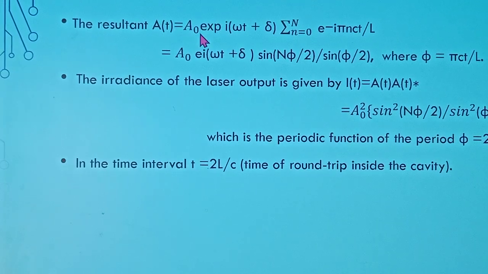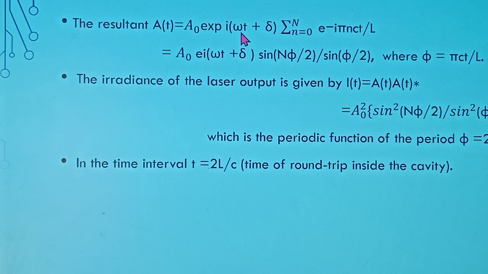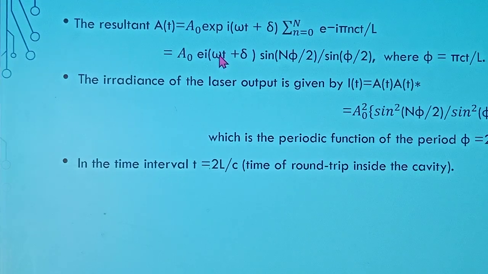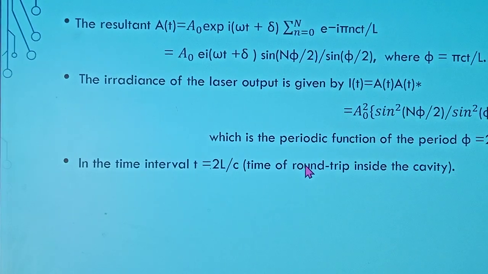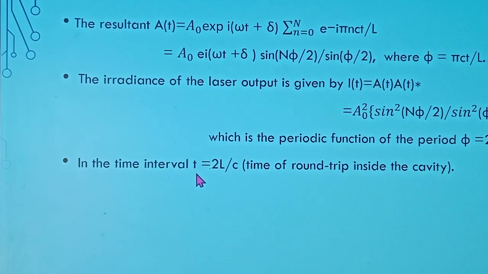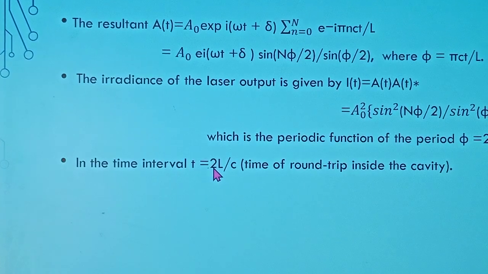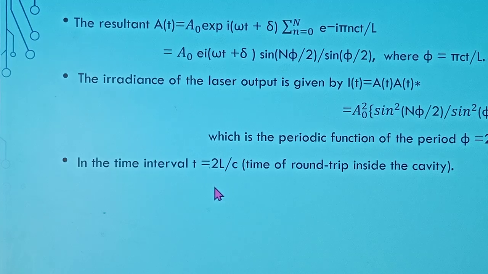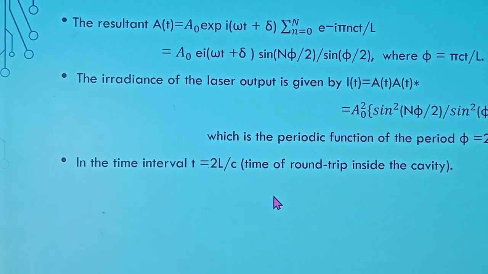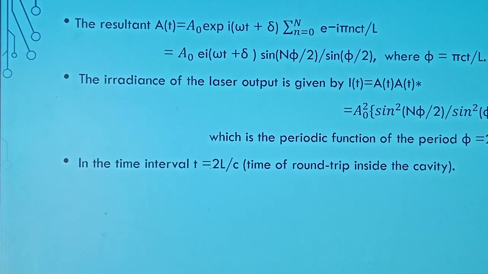And when we do that linear combination with all the interference over there, we get the equation, and the time interval for this mode locking T is equal to 2L by C. So at this time interval, the pulse laser, which is the mode locked laser, will come out.